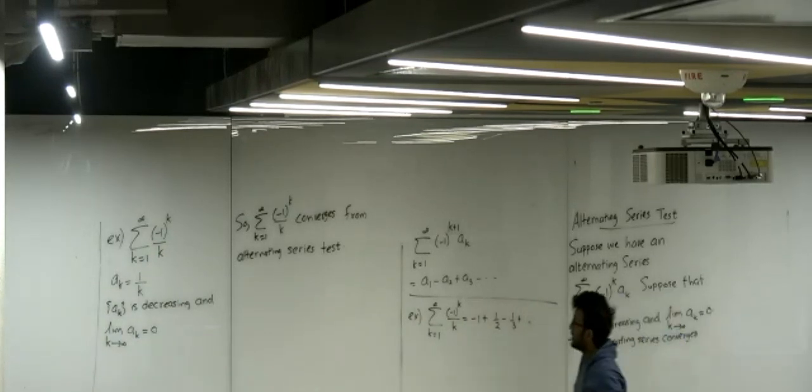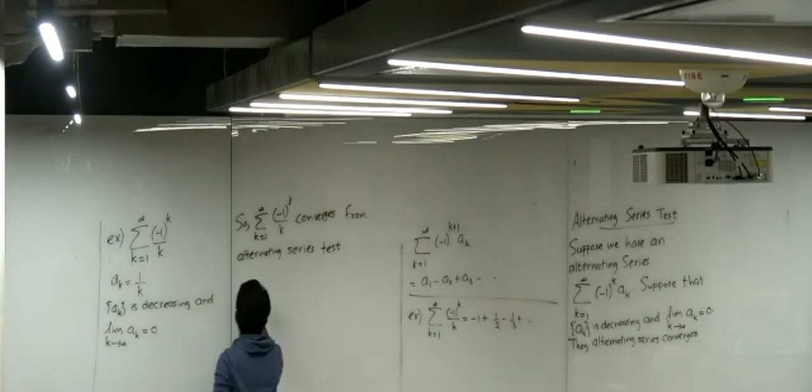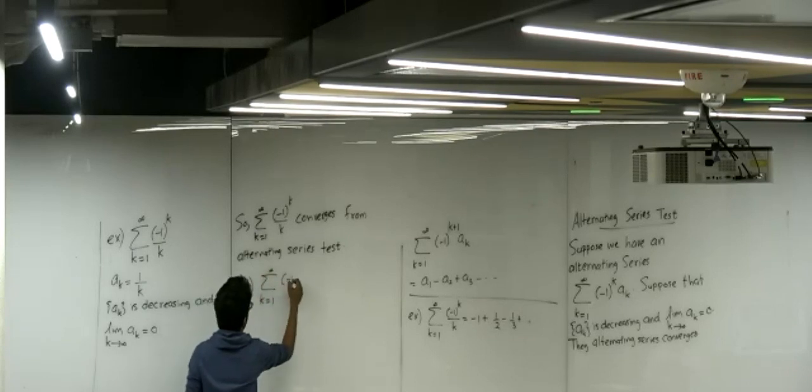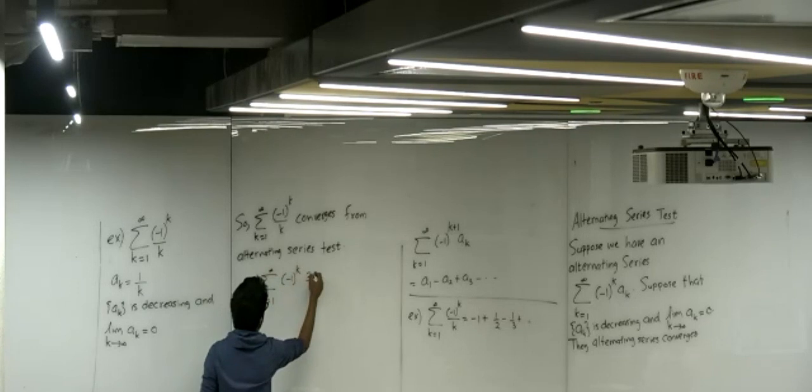My second example is this. Suppose we have the summation k goes from 1 to infinity of negative 1 to the power k, 3k divided by 4k minus 1.